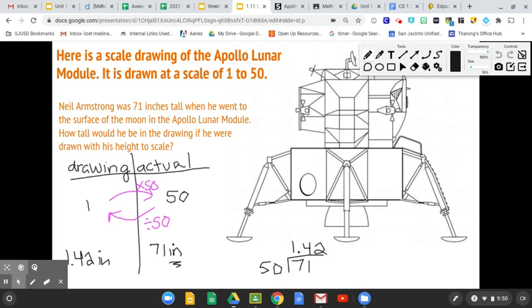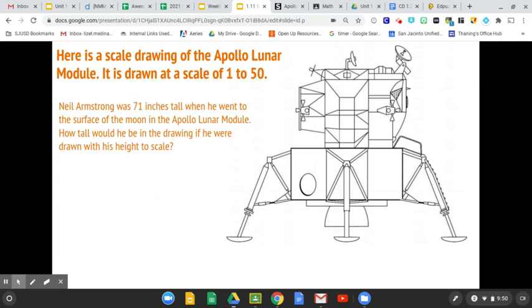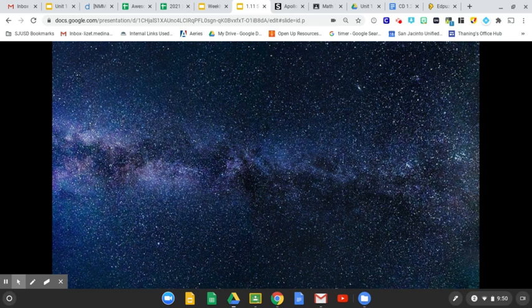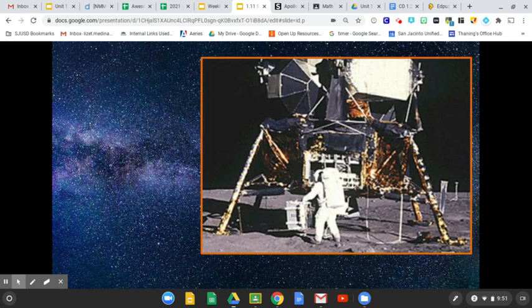Since his height was in inches, the drawing height has to be in inches as well. Right, so that is Neil Armstrong next to the spacecraft. He's not even as tall as the legs of that spacecraft.